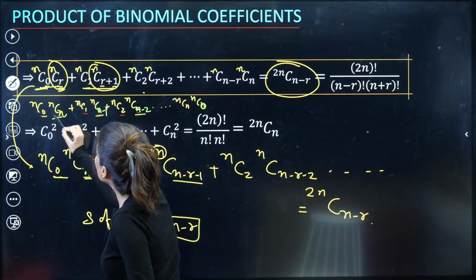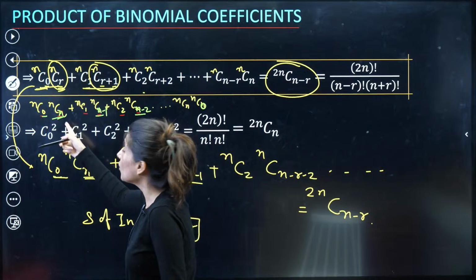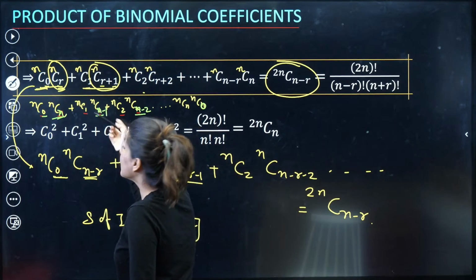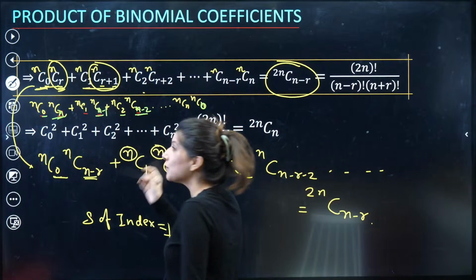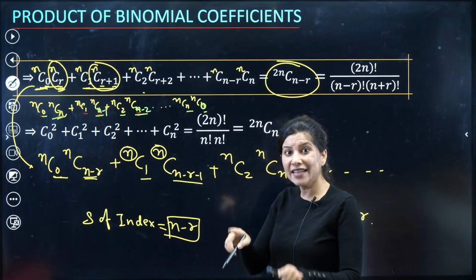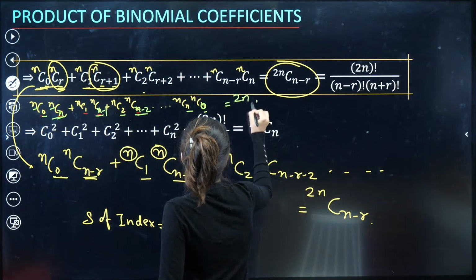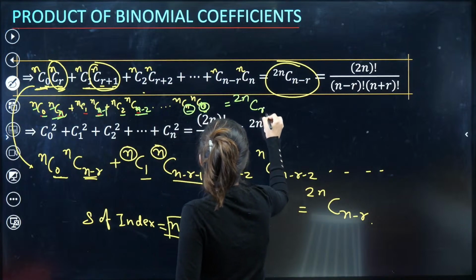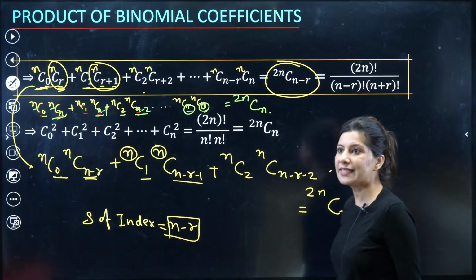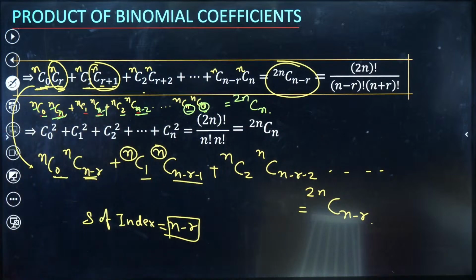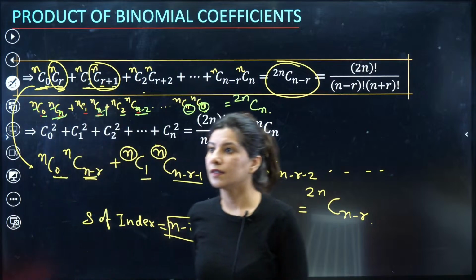Now the sums of indexes are 0 plus N, N; 1 and N minus 1, N; 2 and N minus 2, N; N and 0, N. So the final answer: N plus N, that is 2N, C, and any index will be N. 2NCN will be the correct answer. Are you getting it? Clear?